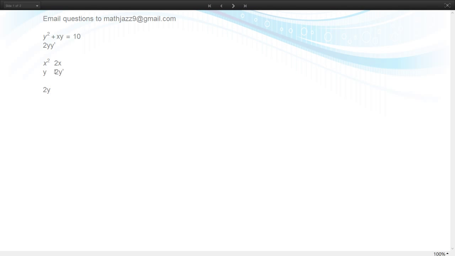And then we have to multiply by the derivative of y, which is, in fact, y prime, not 2y prime. The derivative of y is y prime, and there's nothing down here to plug into it, so we get y prime. And now this is how we see that the derivative of y squared is 2y, y prime.